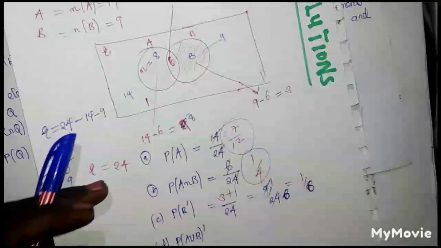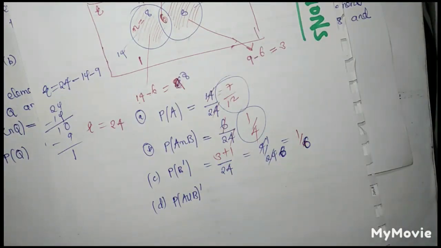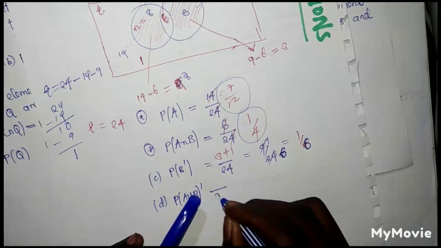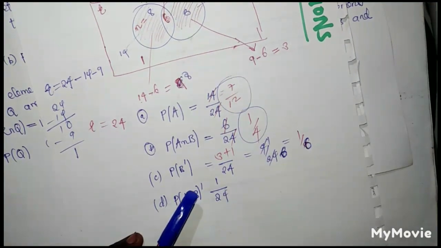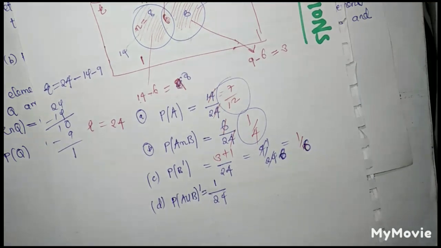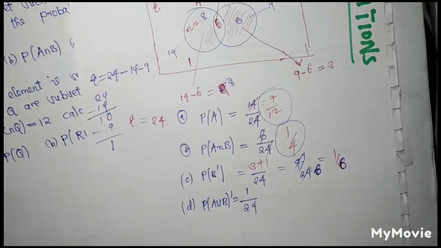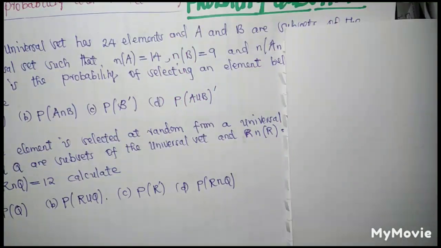The probability that what we are going to get is in the universal set, but again it's not in the union of A and B. So out of 24 outcomes, we have 1 chance that what we're going to pick is just outside the union of A and B. We have 1 over 24. That is our chance. All right. Hope I solved that question.